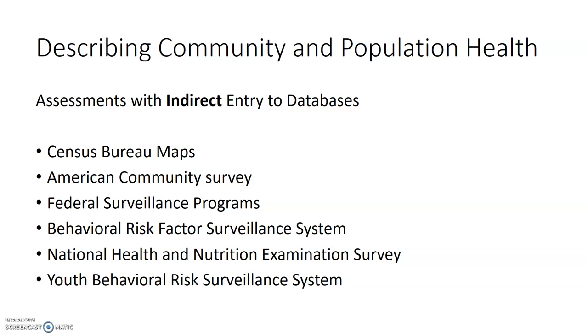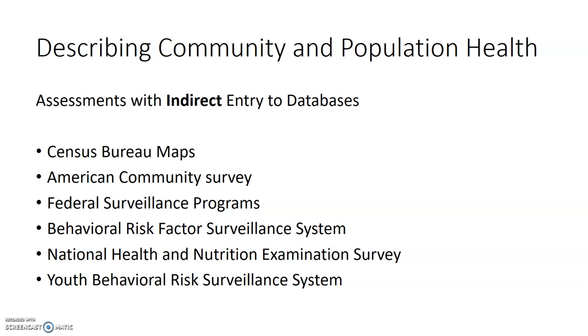The Center for Disease Control's Behavioral Risk Factor Surveillance System collects self-reported information about medical conditions, alcohol, tobacco, and seatbelt use. The National Health and Nutrition Examination Survey is collected from interview and physical examination findings with a stated objective of understanding the health condition of older Americans.